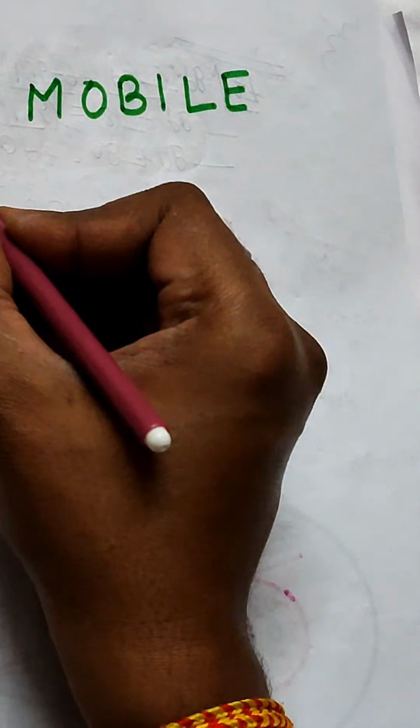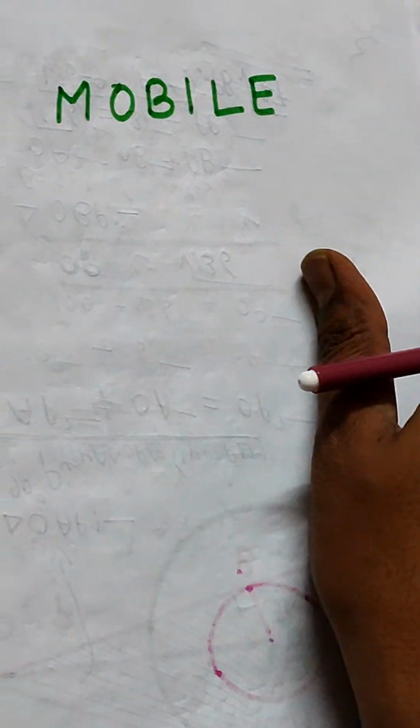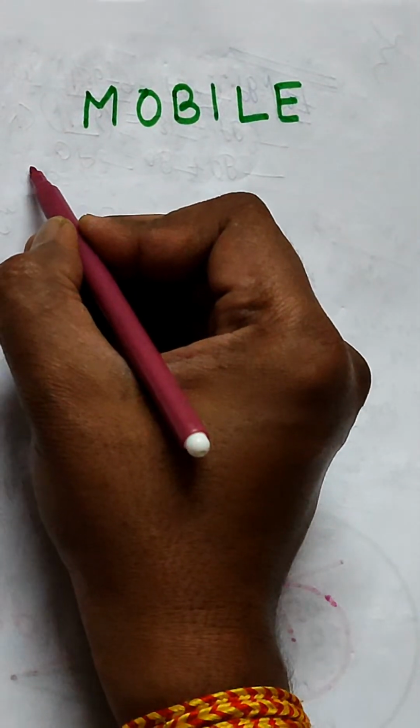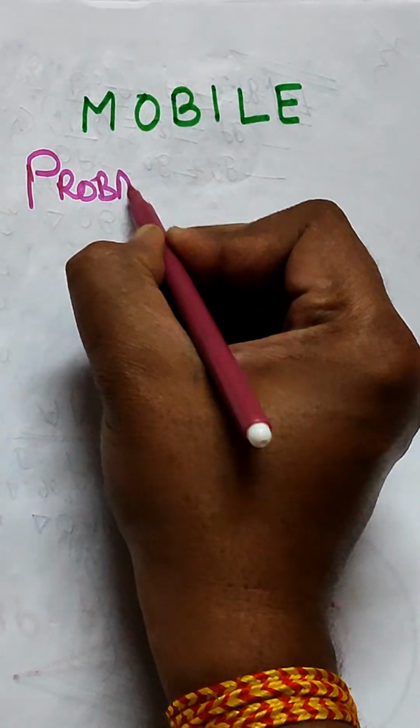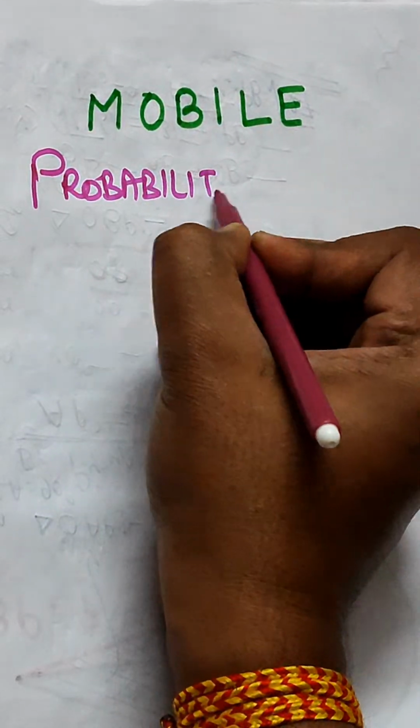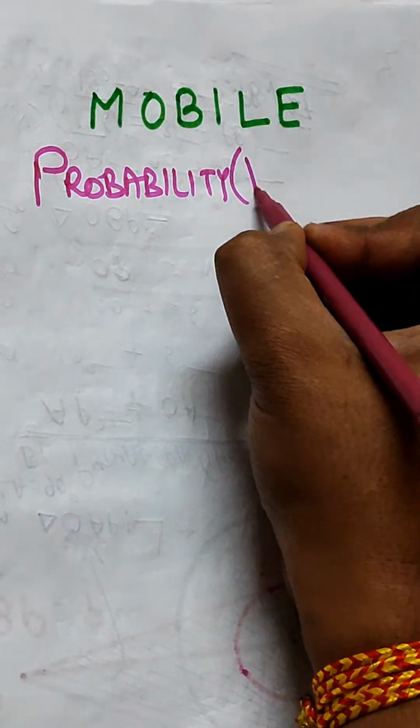M-O-B-I-L-E. In the word MOBILE, what is the probability of getting a vowel?